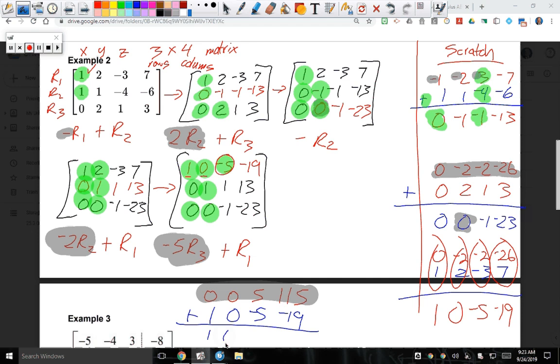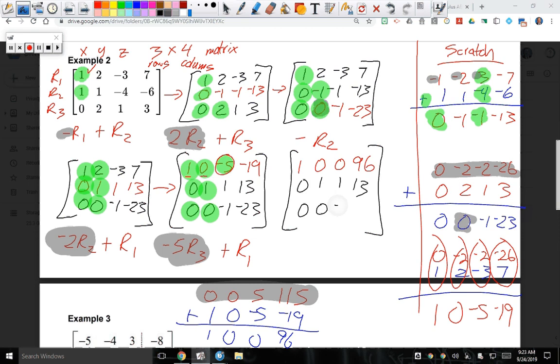And I get 1, 0, 0. That's what I needed. And 96. So over here, my new row 1 is 1, 0, 0, 96. Everything else stayed the same.